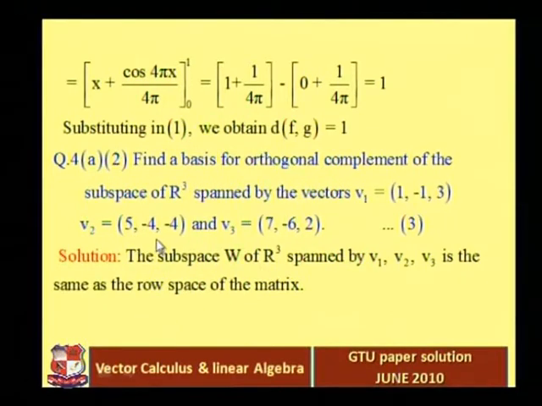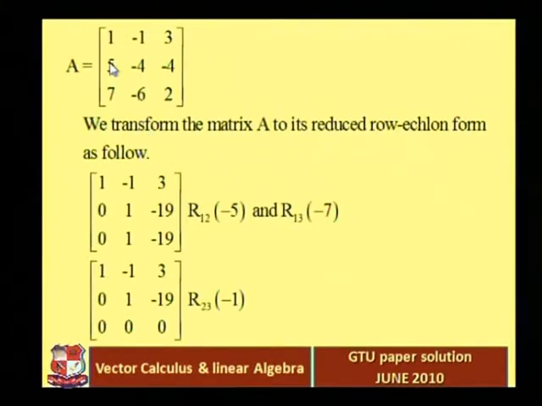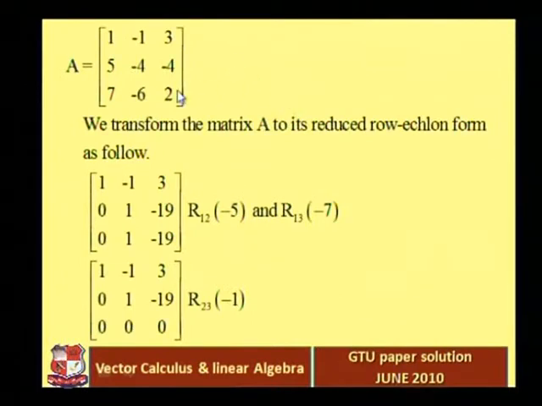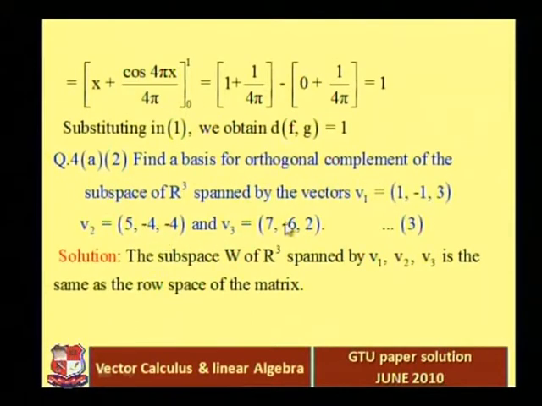Now just try to understand: the subspace W of R3 spanned by v1, v2, v3 is the same as the row space of the matrix A, where the first row of this matrix comes from the first vector (1, -1, 3), the second row comes from the second vector, and the third row comes from the third vector: (5, -4, -4), (7, -6, 2).